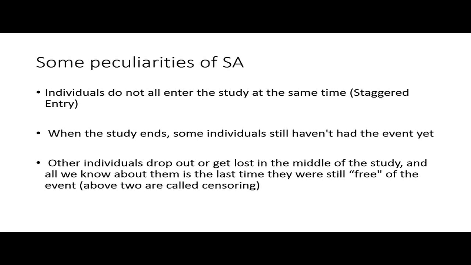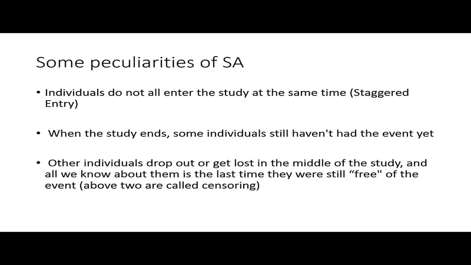If an individual does not die in that 5 years, that can be considered a censored event, because after the fifth year we don't know what is going to happen with that individual.